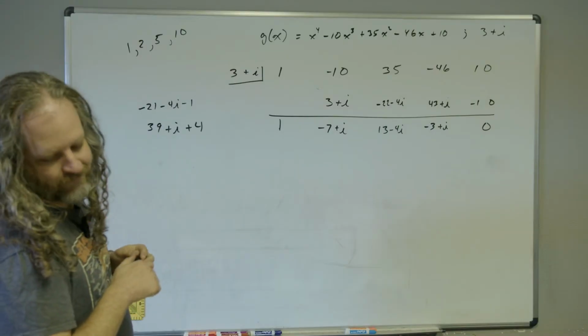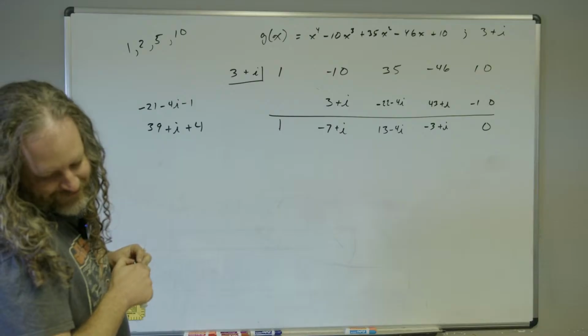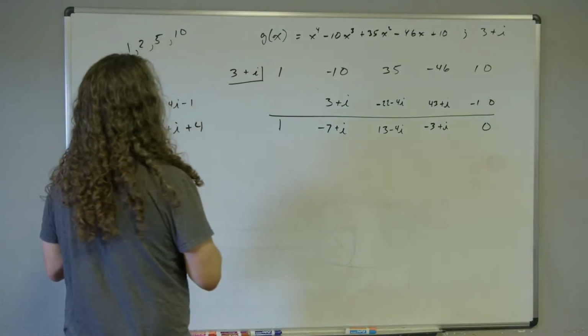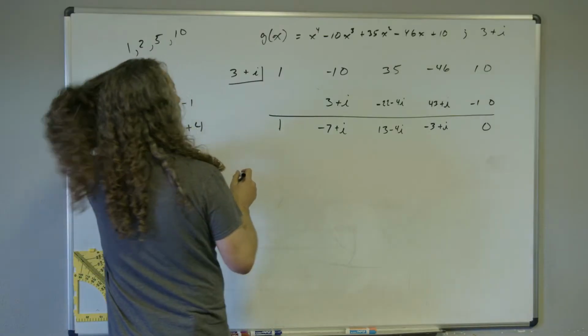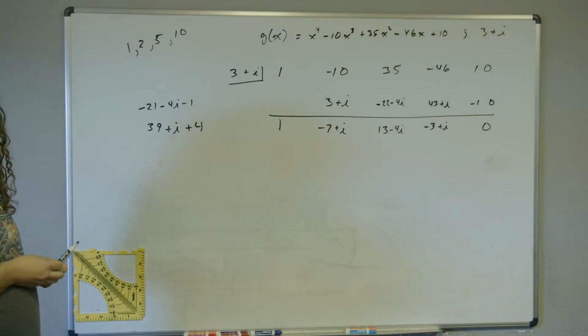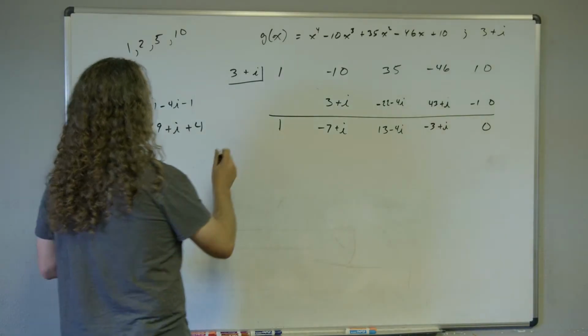So what could we do now? 3 minus i. I thought there was a fancy word for that, and I couldn't come up with it. It is the conjugate factor. Yes, there is a fancy word for it.